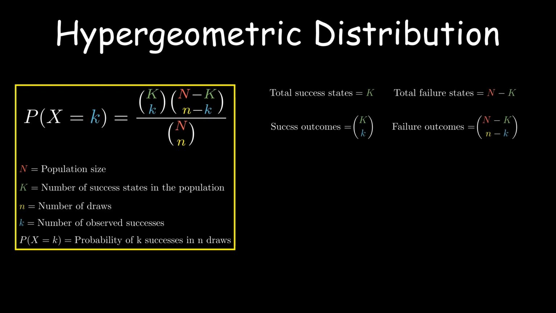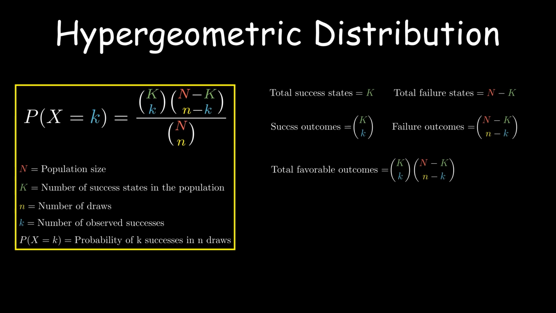Using the multiplication rule, we can calculate the total number of favorable outcomes for exact k successes in n draws. If you are not familiar with the multiplication rule or binomial coefficient, I would recommend you to watch Chapter 3 and Chapter 4 of this playlist. We have covered these topics in detail there.